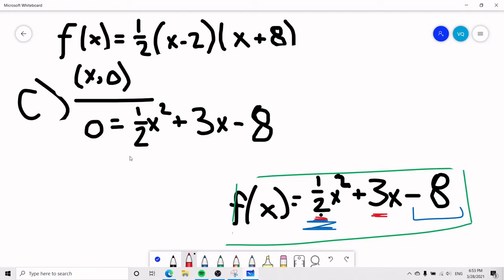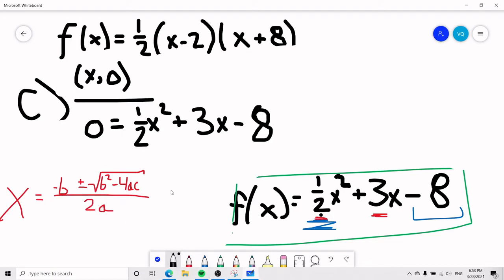So what always works is using the quadratic formula. The quadratic formula looks like this, and it should be familiar. It is x equals negative b plus minus square root of b squared minus 4a times c, divided by 2a. Okay, this is the quadratic formula, and if you plug it all in, it's always going to work.